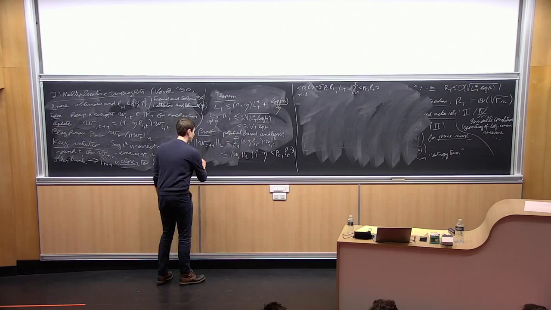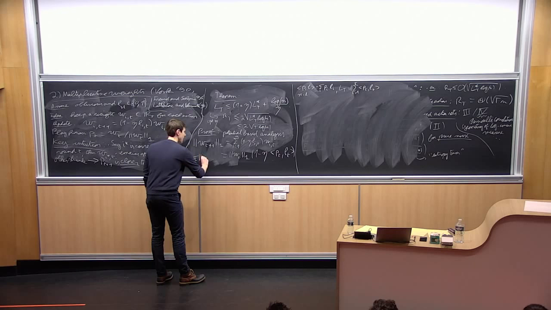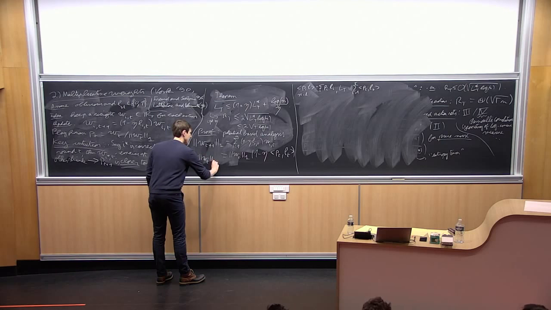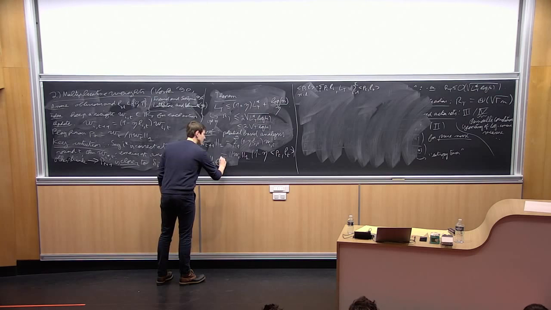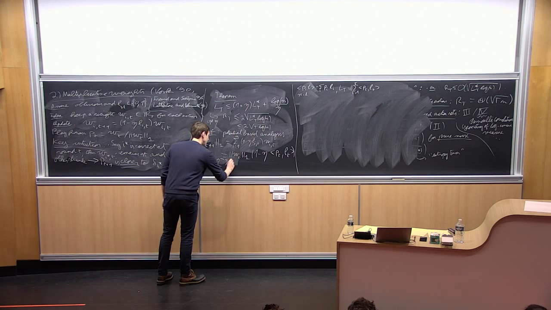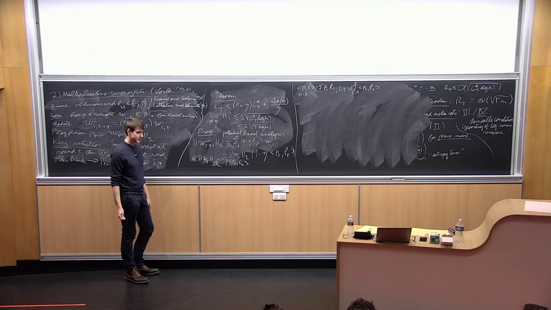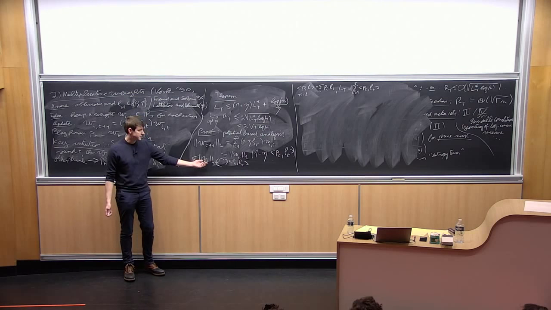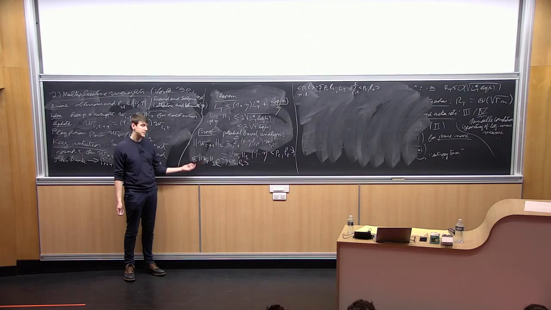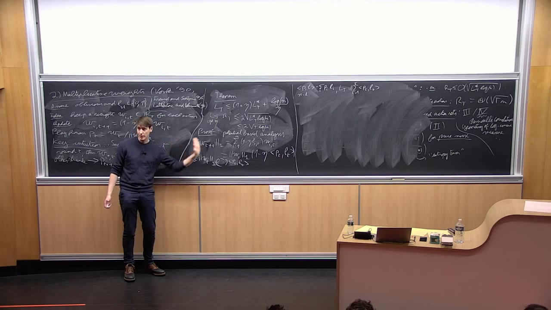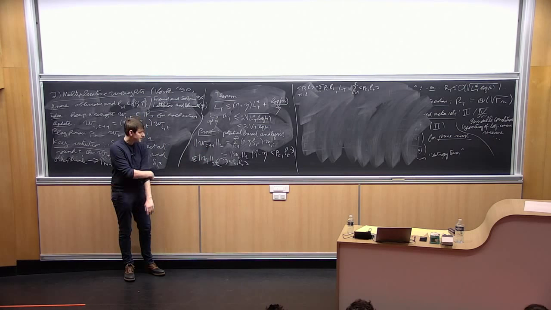So this is smaller than the L1 norm times e to the minus eta p_t L_t. This is just using log(1 plus x) is smaller than x. But now I'm in good shape because, by induction, this is smaller than this term with t minus 1 times w_{t minus 1}.